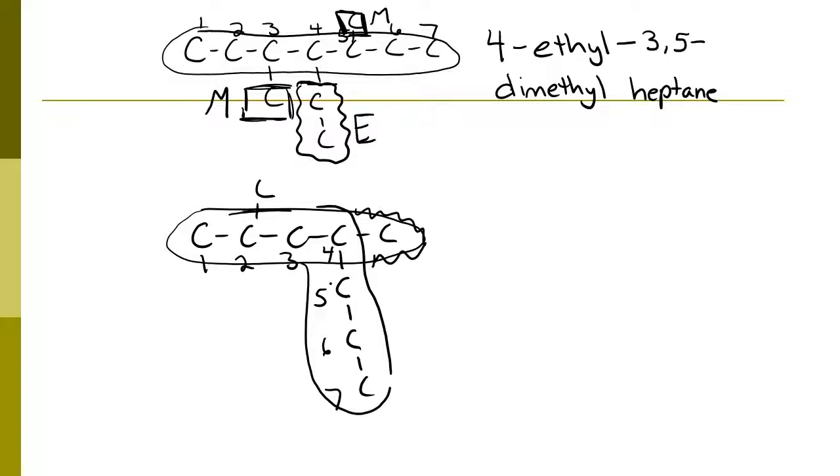For the side groups, well, this one just has 1 carbon. That's a methyl. This one has 1 carbon. It's methyl. So when I name it on number 2 and number 4, we have methyl groups because there's 2 methyl groups. It's dimethyl. My longest chain has 7.